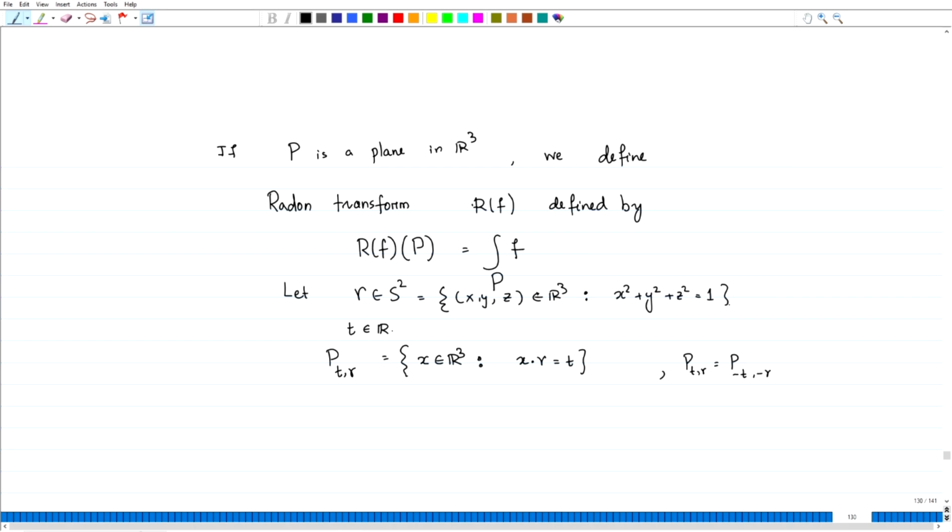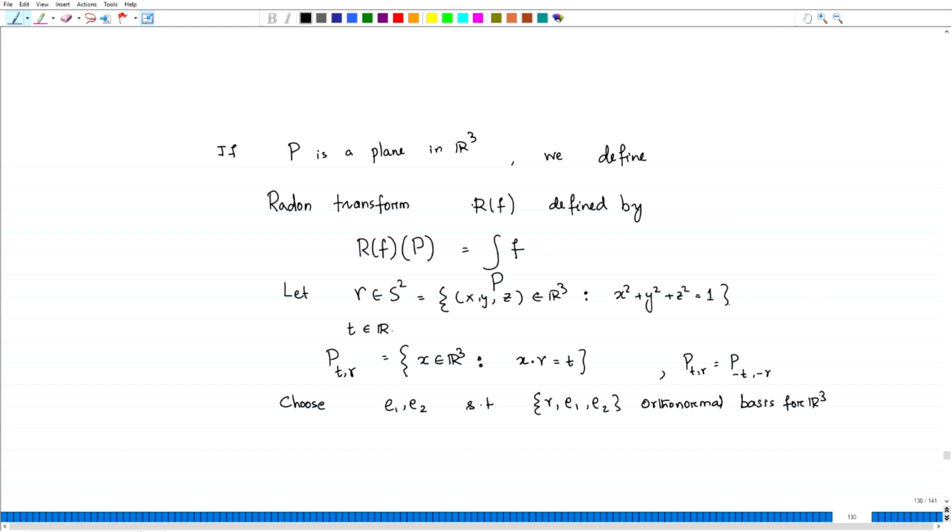Now, how does one write down an element of this plane? Choose e1 and e2 such that gamma, e1 and e2 form an orthonormal basis for R3.